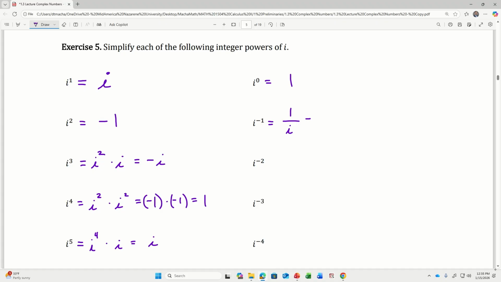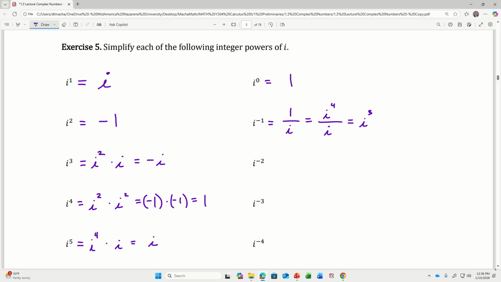And another way I can represent the number 1 is by writing i to the 4th power. What's i to the 4th power divided by i? i to the 3rd power.